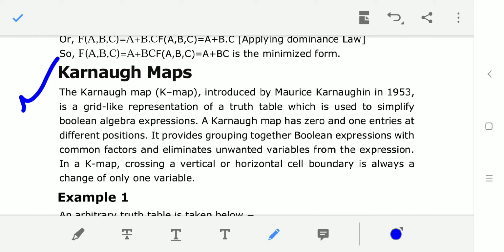It provides grouping together Boolean expressions with common factors and eliminates unwanted variables from the expressions. In a K-map, crossing a vertical or horizontal cell boundary is always a change of only one variable.